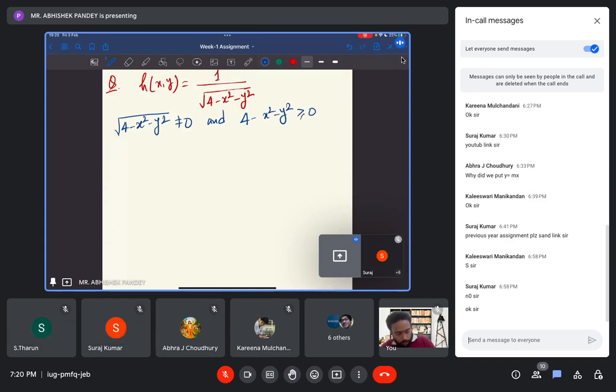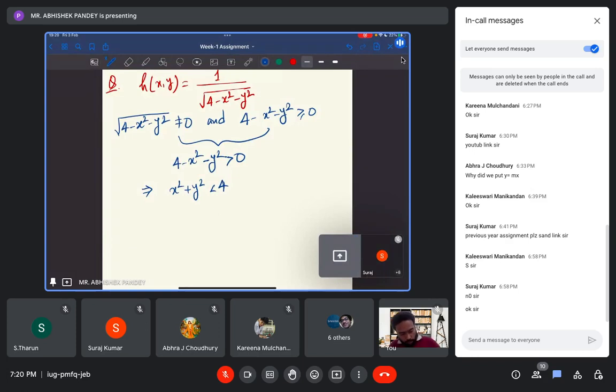So combining these two, we get 4 minus x square minus y square is positive. Clear? So this implies x square plus y square is less than 4.